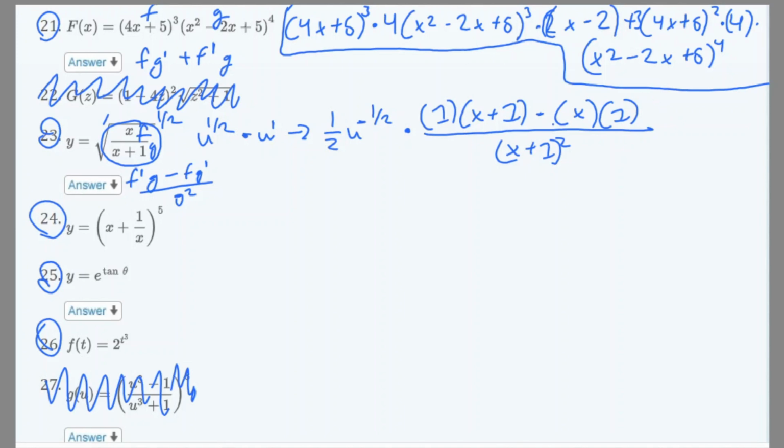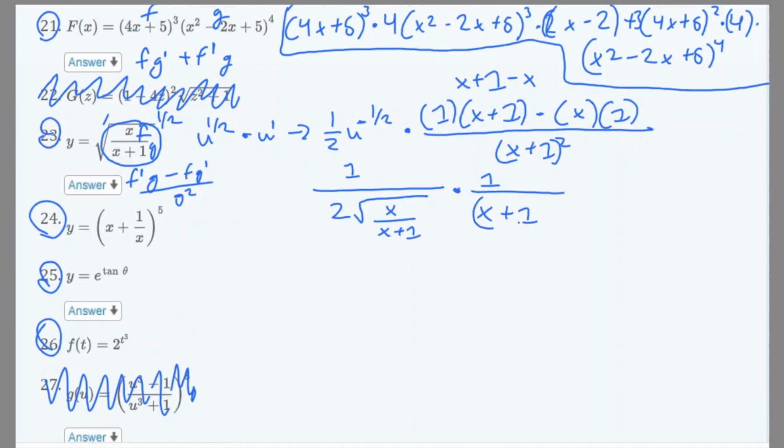Now, if we plug in everything and plug in for u and then simplify this, we would end up with 1 over 2 square root x over x plus 1, and then, because that's to the half power on the denominator, multiplied by x plus 1, on top it would be x plus 1 minus x, which would just leave us with 1, multiplied by 1 over x plus 1 squared.